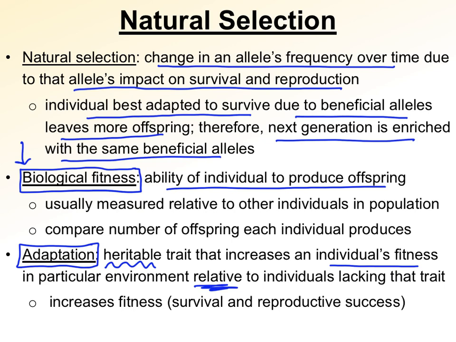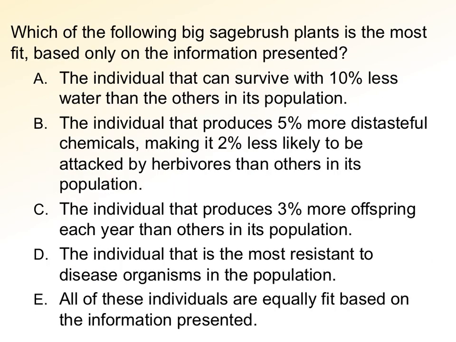So adaptations increase fitness. We know fitness relates to reproductive success and survival, because survival leads to reproductive success, but really it's just reproductive success. And the assumption is if you have reproduced, you had to have survived. We'll look at this in class together.